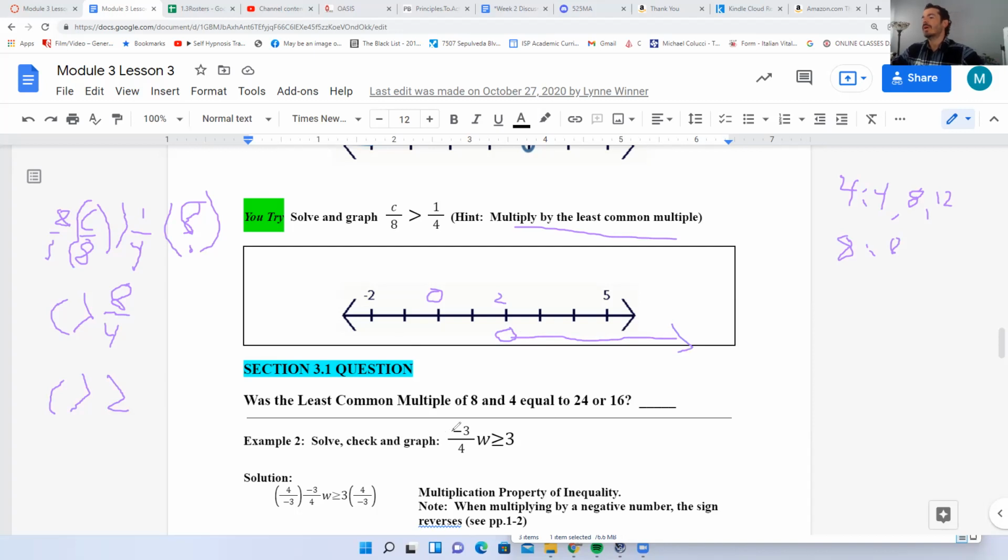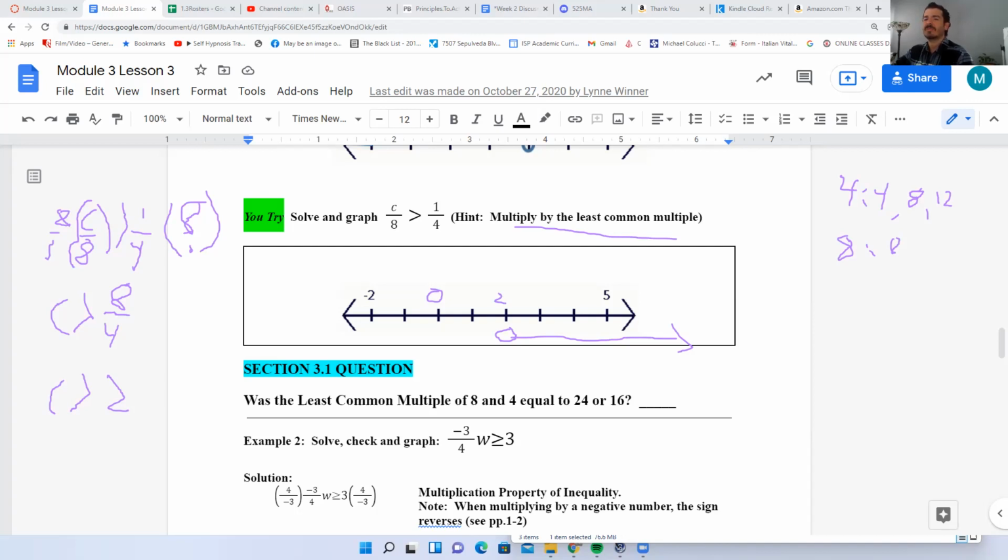Was the least common multiple of 8 and 4 equal to 24 or 16? I don't know. That's a weird question. The least common multiple of 8 and 4, I thought was 8. I guess maybe they're saying 8 is not a multiple.